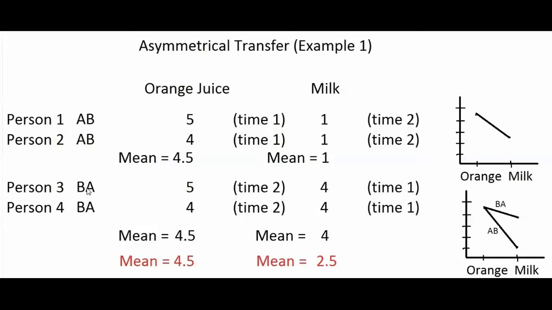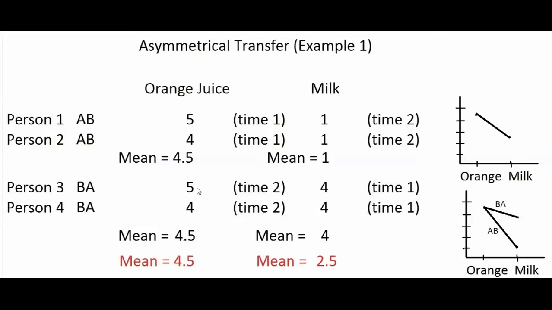The two participants who were assigned to the BA order had milk first, so they gave high ratings to the milk. They gave high ratings to the milk because they were drinking the milk first, and the milk tasted fine because they hadn't had any orange juice before drinking the milk.